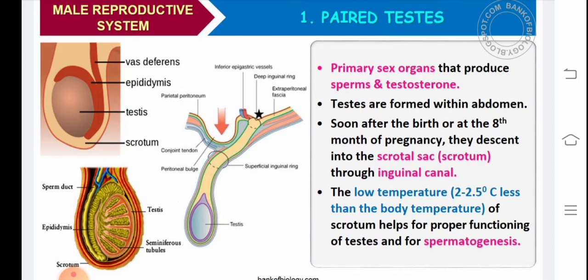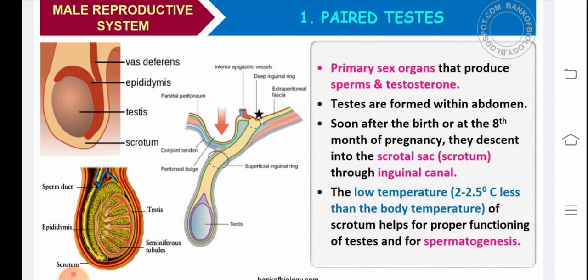And this testis is protected by sac-like structure called as scrotum. So scrotum is the one which holds the testis. And this testis is present outside the abdominal cavity because the sperm production takes place at a temperature little lower than the body temperature, that is about 2 to 2.5 degrees Celsius lesser than the body temperature.